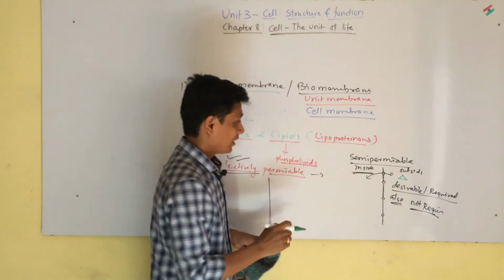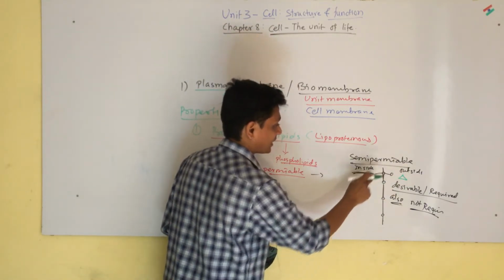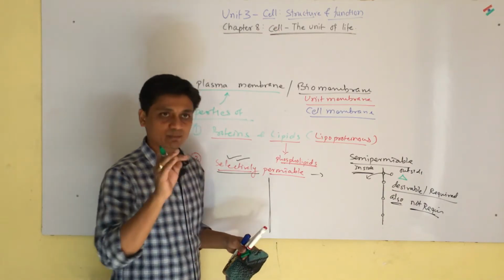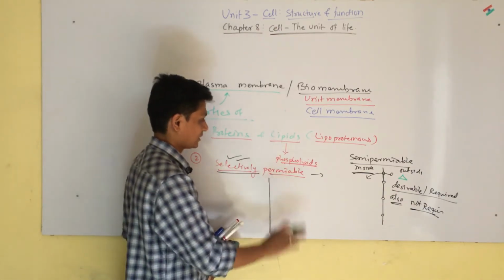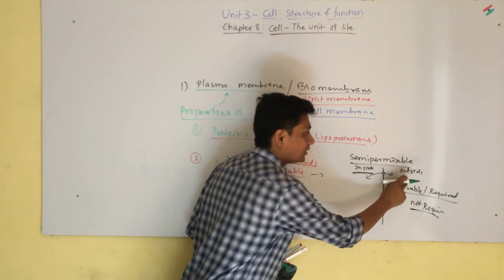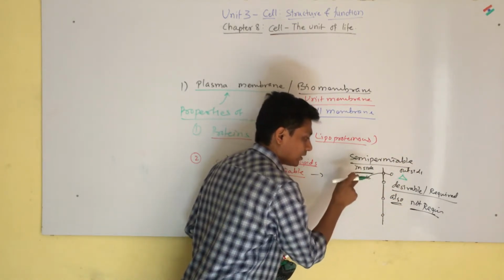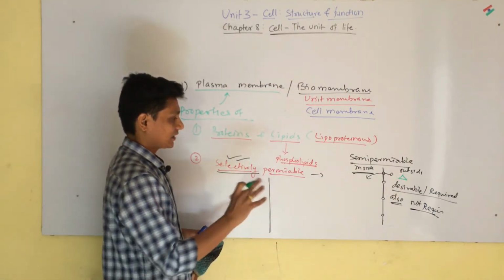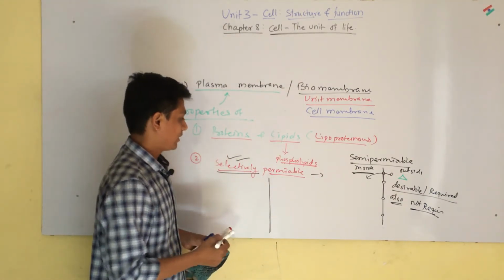Although it is required, it cannot pass, as the semi permeable nature only allows the material which is less than its aperture size. If it is required but bigger, it cannot come inside because of its higher size.